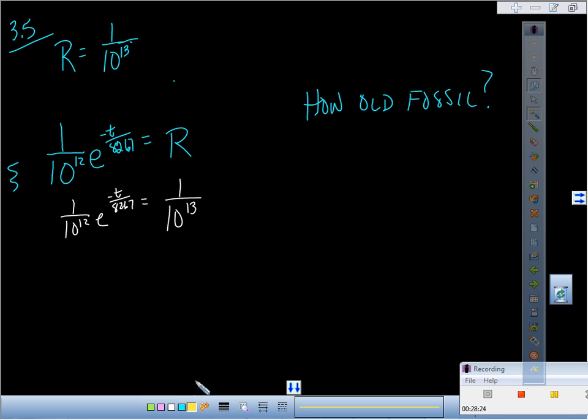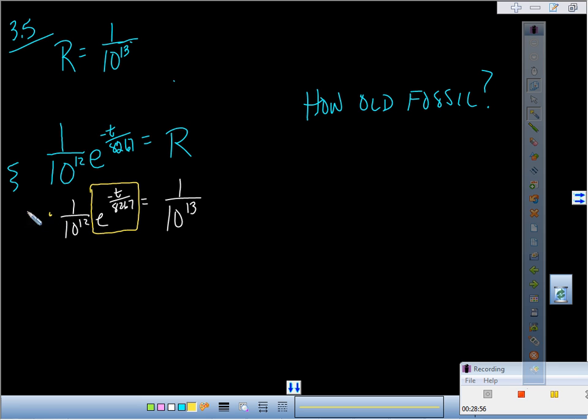Now, remember, if you get confused, you just stop and go, whoa, wait. I just need to know, is this a logarithmic or an exponential? Okay, so find the power and put a box around it. Now, how do I get rid of 1 over 10 to the 12th? You can divide by 1 over the 10 to the 12th, or you could multiply by 10 to the 12th.